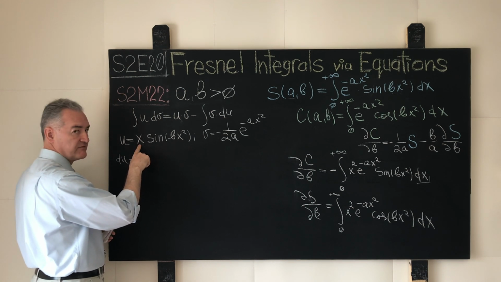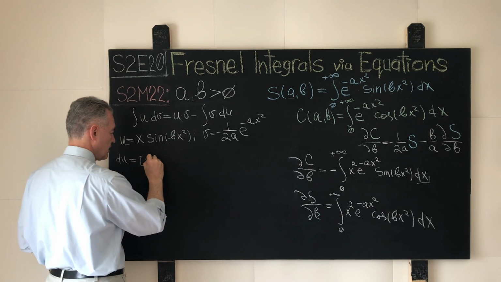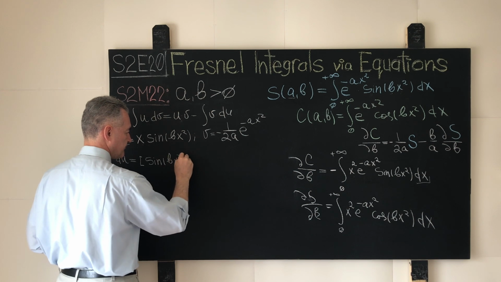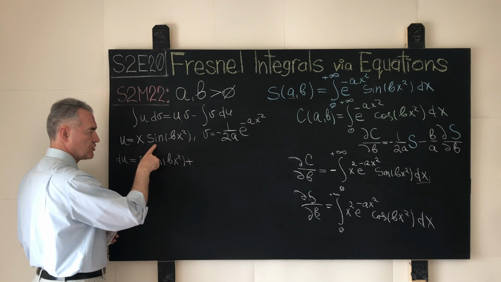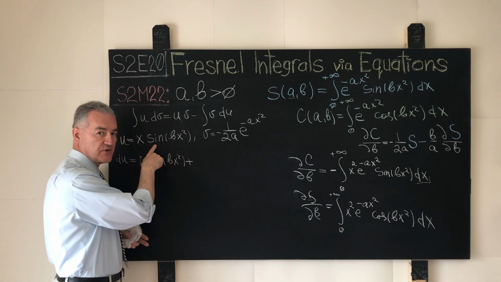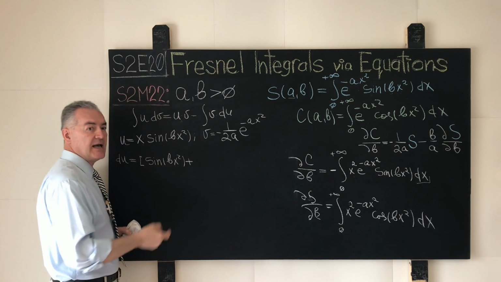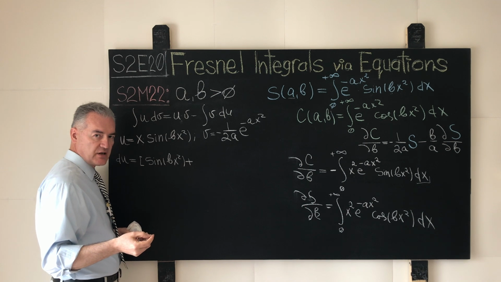This guy vanishes. The first differential of x is just dx, so we write down the sine of bx squared plus, we know there will be a plus over here because the first derivative of the trigonometric function of sine is the trigonometric function of cosine. This function is composite. We know the rule for differentiating composite functions.